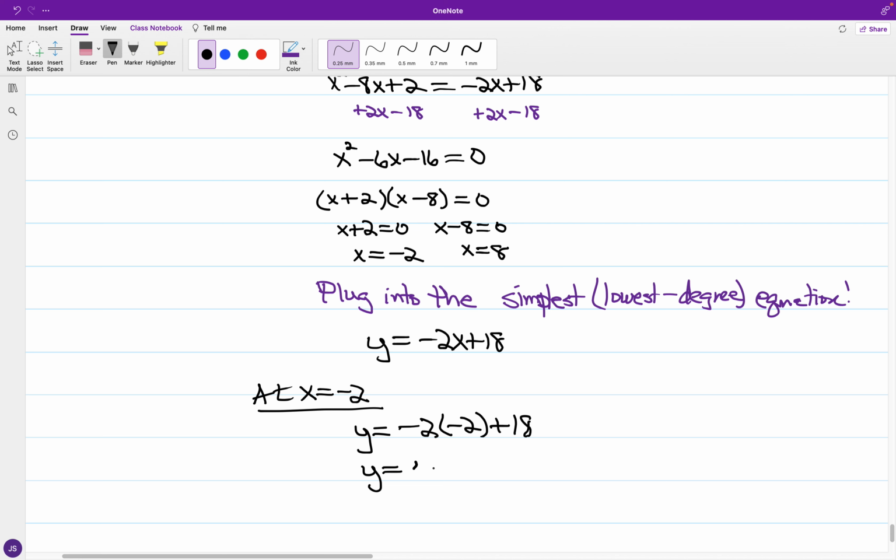So y is equal to 4 plus 18, and y is equal to 22.